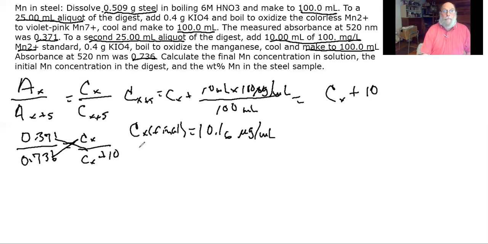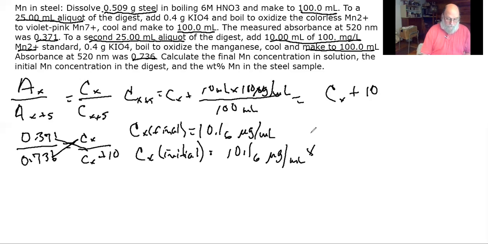Now, this came out of a first dilution, so let's do our Cx initial is 10.16 microgram per mL times 100 mLs over 25 mLs, our dilution there, that second dilution.